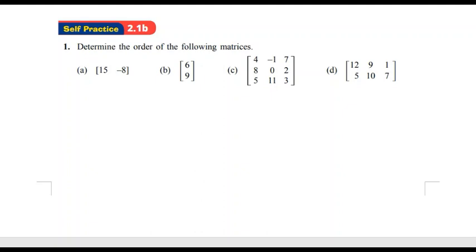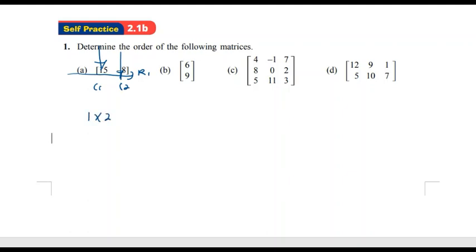Self practice 2.1b. Determine the order of the following matrices. A: 15, negative 8. So we have 1 row, 2 columns. To find the order of the matrix, we have row times column, 1 times 2.